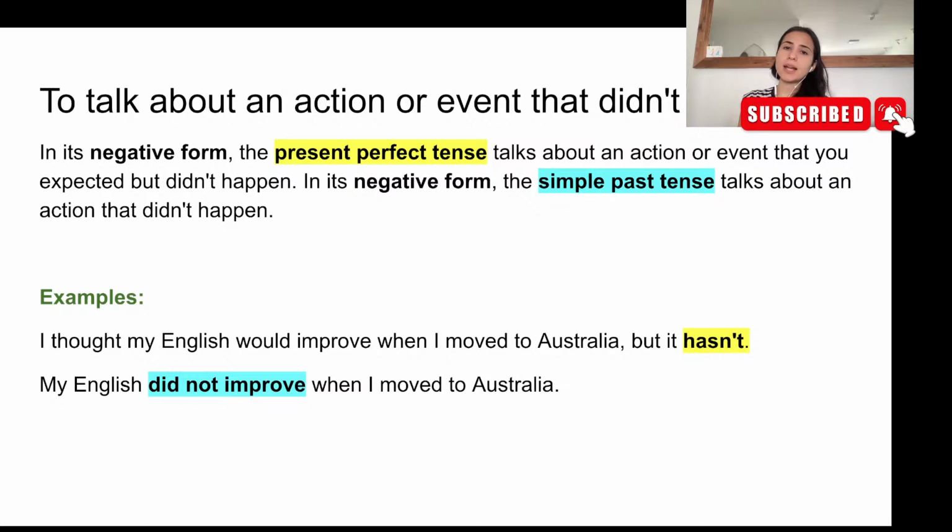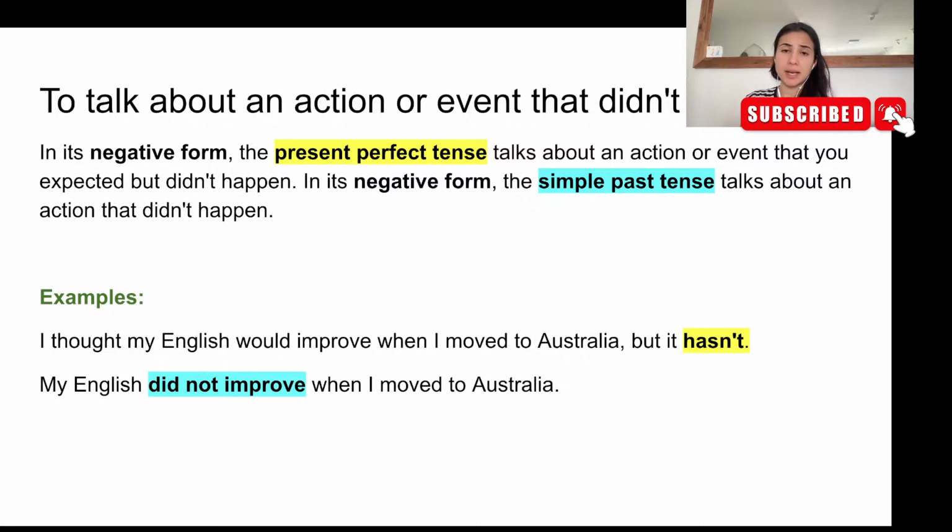To talk about an action or event that didn't happen. In its negative form, the present perfect tense talks about an action or event that you expected to happen, but it didn't happen. In its negative form, the simple past tense talks about an action that didn't happen. Okay? So it's just simply something that did not happen.